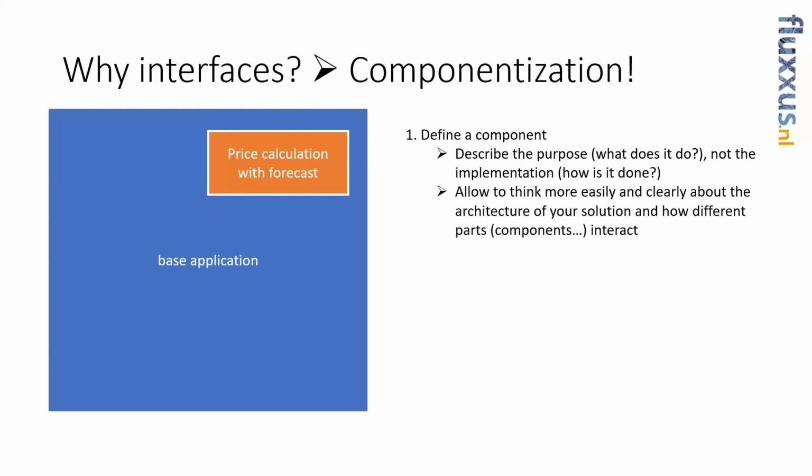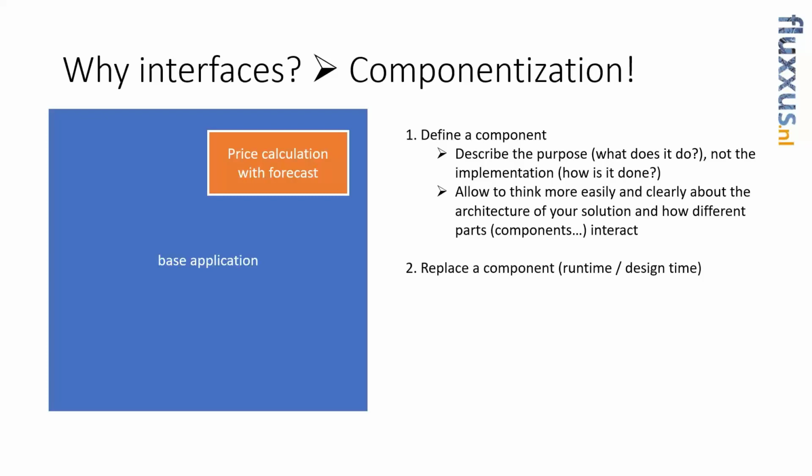So this componentization also allows easier and clearer thinking about the architecture of the solution. We do want something to happen here, and we define the interface between the two, or as we also call it, the contract, and then how it's implemented in the background can be done in different ways.